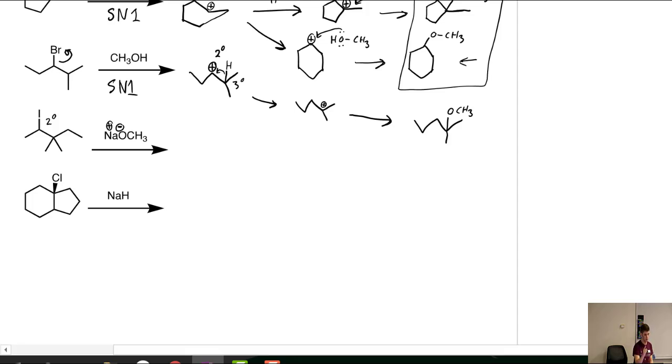So remember, E2 is concerted, so there are no carbocations, so there are no rearrangements in E2 mechanisms. So there are no hydrogens here, right? This carbon is bonded to 1, 2, 3 other carbons, this one being the fourth carbon. We need a hydrogen adjacent to the leaving group, and this is our leaving group here. So we're going to have to take one of these hydrogens here. So let's go ahead and take one of those off. And since we do that, it's an elimination, so we're forming an alkene. So we get this.